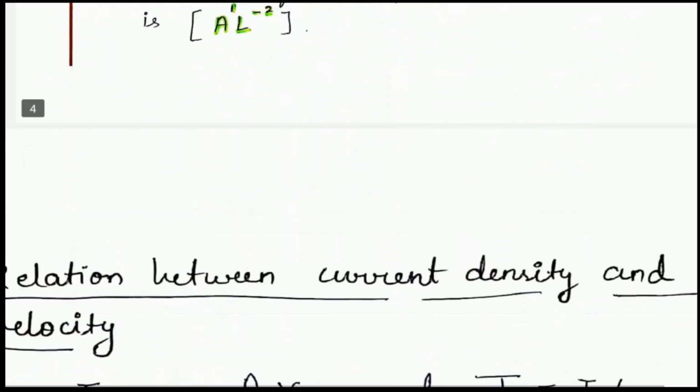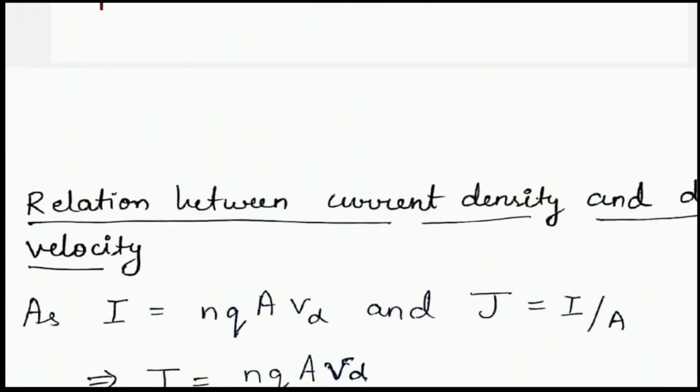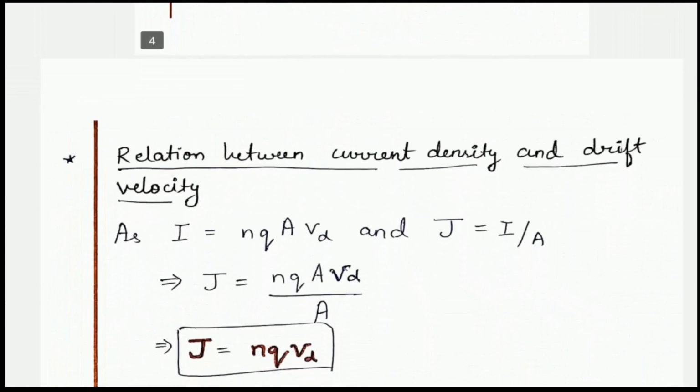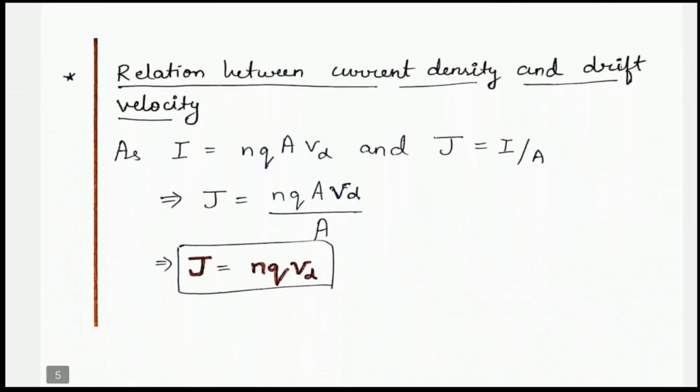Alright, now let us see a relation between current density and drift velocity. This is a very important relation. We have already established the relation between current and drift velocity, that is I is equal to nqAvd. Now we want the relation between current density and drift velocity.